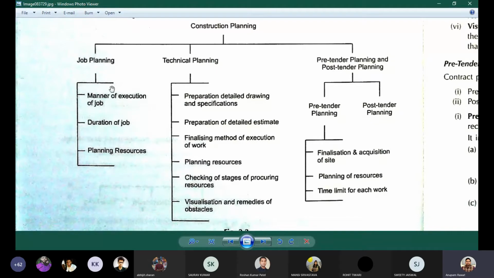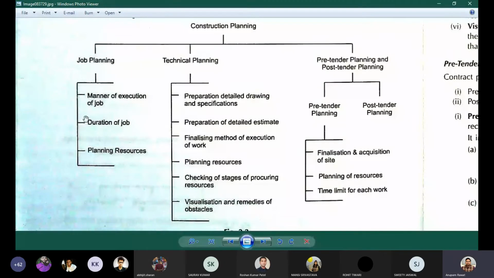In the job planning, first is the manner of execution of a job, that is, how any job will be performed and how it can be executed. Second, what will be the duration of that job, and what resources are required to complete the job.